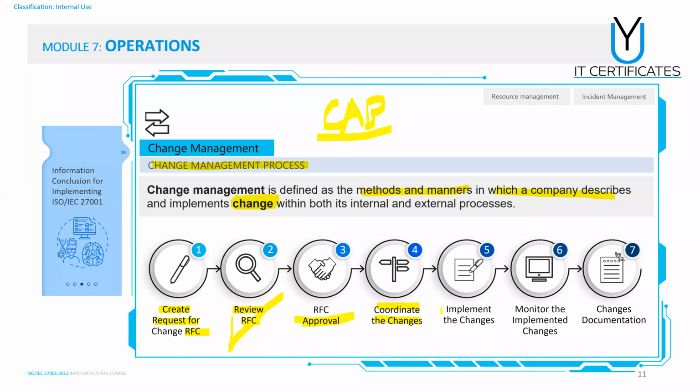Then after the preparation and coordination, we have to implement the changes, and after the implementation, we have to monitor it and make sure that it's effective and efficient. And finally, we have to document the change which we made to the system.